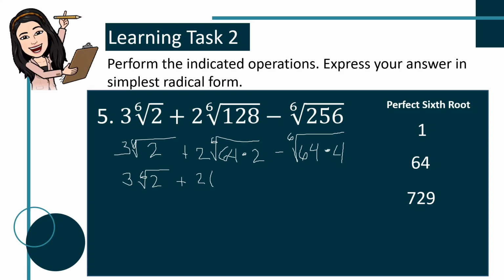What is sixth root of 64? We have 2. Ibig sabihin, yung 2, siya ang ating imumultiply sa ating coefficient. And then, we will just copy yung radical natin na nasa sixth root at ang ating natirang radicand, which is yung hindi perfect sixth root, and that would be 2. So kukopyahin lang natin yon.